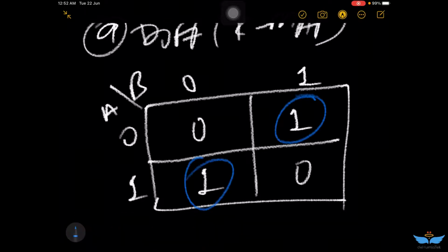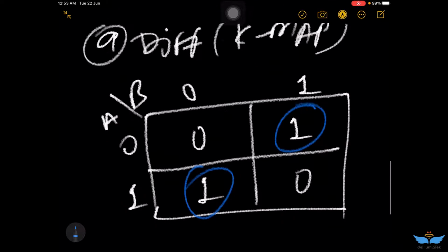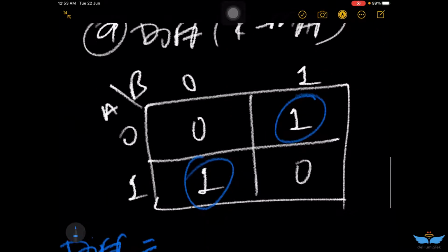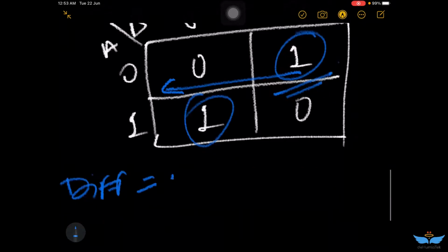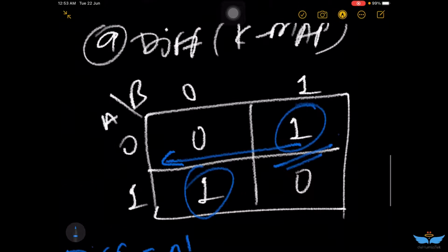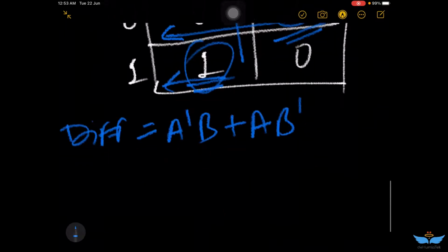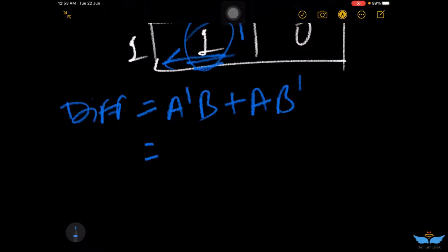This is the only possible way of encircling the 1s. So our difference would be: if we take this one, A is 0, so that is A dash, and B is just B. Plus, now if we look at this one, A is 1 and B is 0, so that would be B dash. Again, this is the function for XOR, so that would be A XOR B.